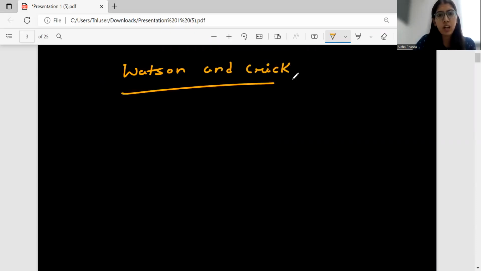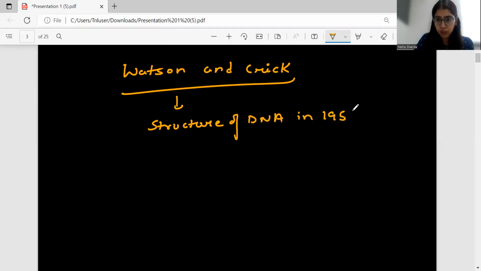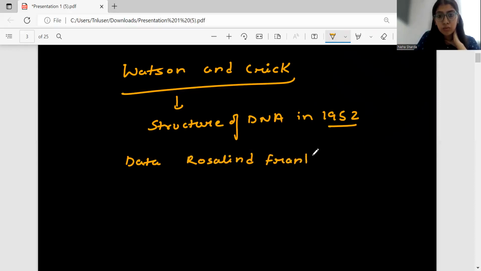Watson and Crick are two scientists who gave the structure of DNA in 1952. They gave the structure of DNA using the data given by Rosalind Franklin and Wilkins.